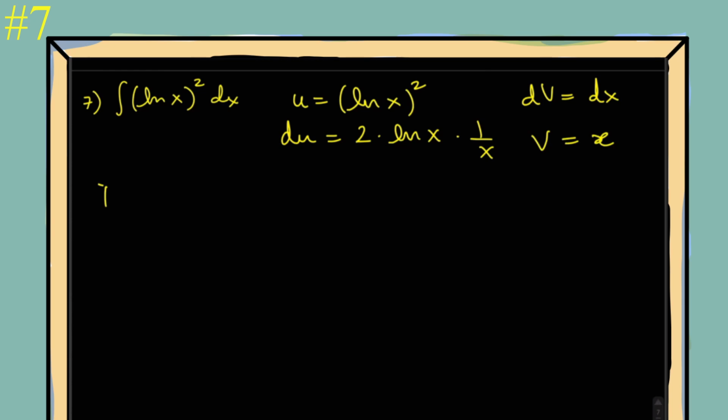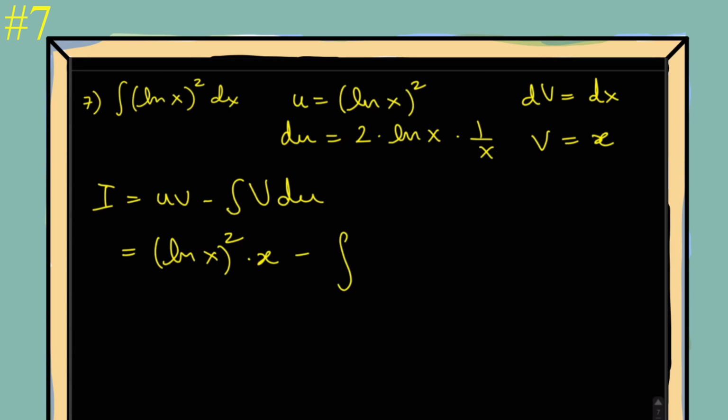And so our integral is going to be uv minus the integral of v du. uv is ln x squared times x, minus the integral. v is x times du, which is 2 ln x times 1 over x dx.